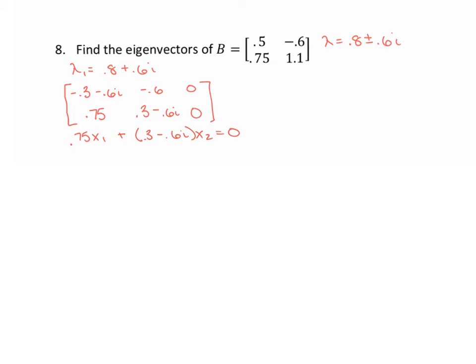If my goal is to get x1 by itself, I'm going to have 0.75 x1 equals negative 0.3 minus 0.6i x2. So x1 is going to be negative 0.3 minus 0.6i all over 0.75, which is kind of ugly. But we can simplify. 0.3 over 0.75 is going to be 0.4. 0.6 over 0.75 is going to be 0.8.